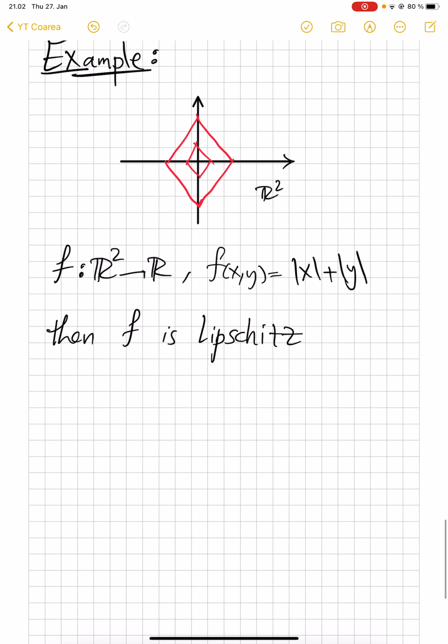satisfied. And what is the derivative of f of (x,y)? Because of symmetry, I'm going to just compute it for x positive and y positive. So for this quadrant, I can just drop the absolute values. So this will give me (1, 1).